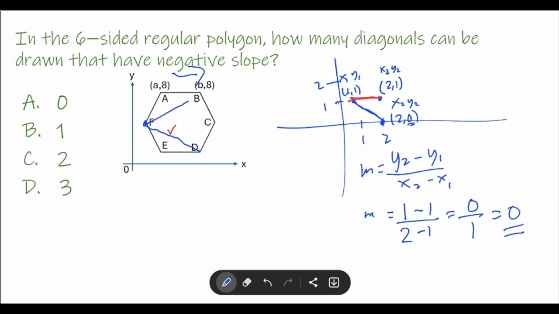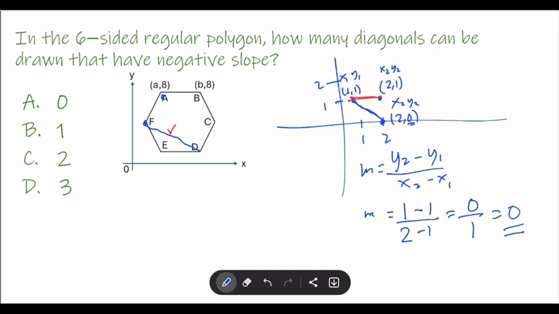If it's F to B, then it moves upwards. I said from left to right, so if you do the reverse, from right to left, it looks like it's going downwards, but that's not how we look at the slope of a graph. It has to be from left to right. So it's only F to D, and now we move to A.